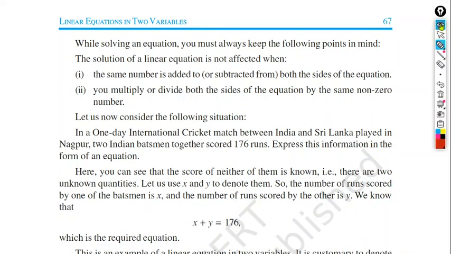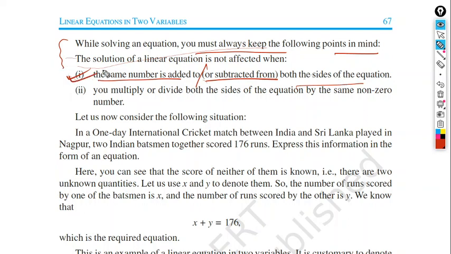One important thing here is that while solving an equation, you must always keep the following points in mind. First, the same number is added or subtracted from both sides of the equation. Whenever we are solving an equation, you must remember this.